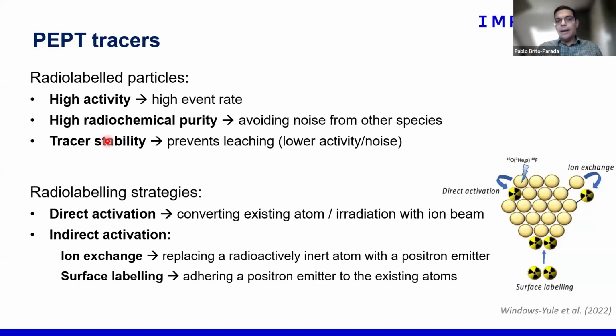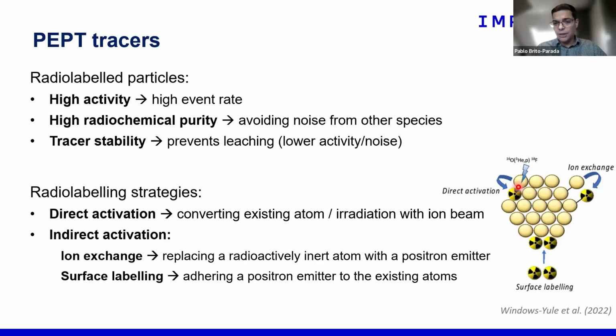Now, how do we get that radio labeling to happen? There are effectively two ways of doing this. One is direct activation. In this particular technique, shown here as a schematic taken from a paper from a colleague in Birmingham, you convert an existing atom into a positron emitting particle.